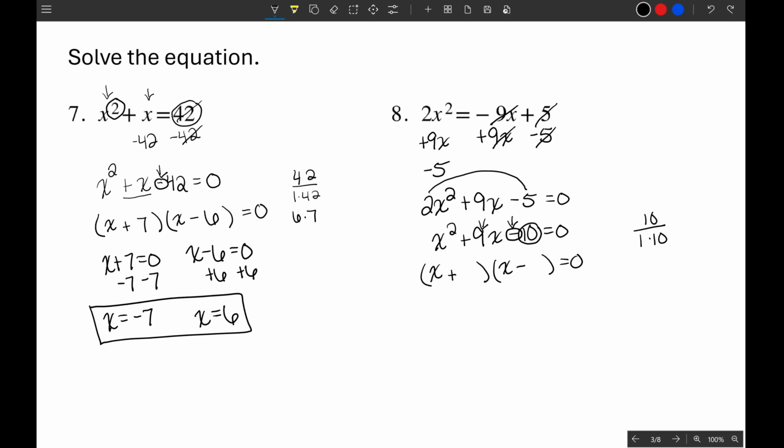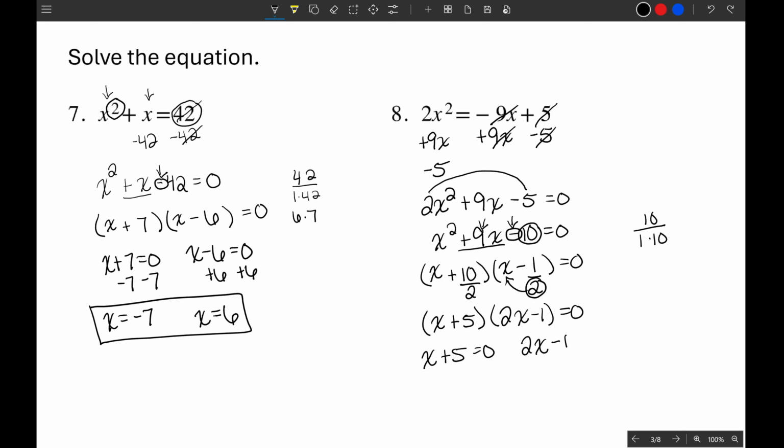So I need a positive 9 in the middle. So 10 has to be positive, 1 has to be negative. And then I don't want to forget to undo that illegal move. So I'm going to divide both of these by 2. 10 divided by 2 is 5. 1 over 2 does not reduce, so I'm going to pull that 2 in front of the x. So I have 2x minus 1 equals 0, and then I set both of those equal to 0.